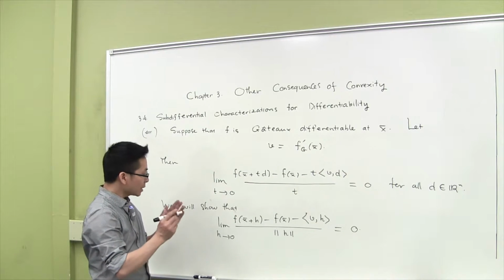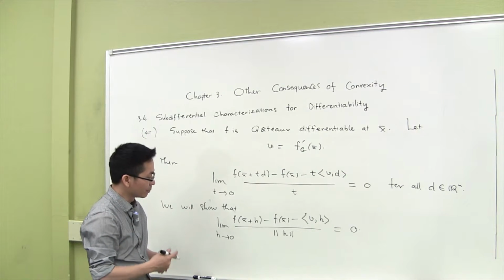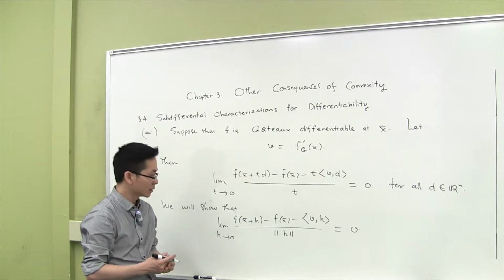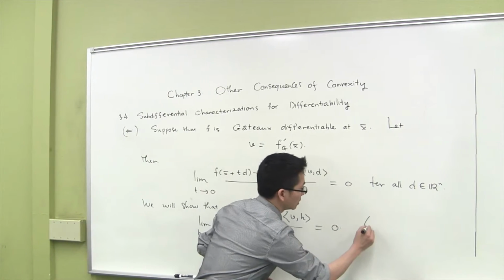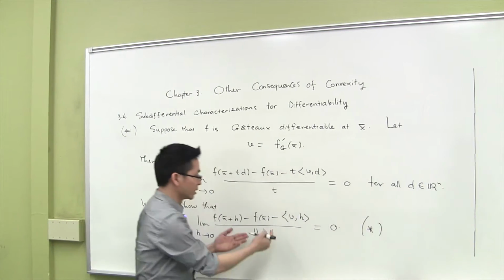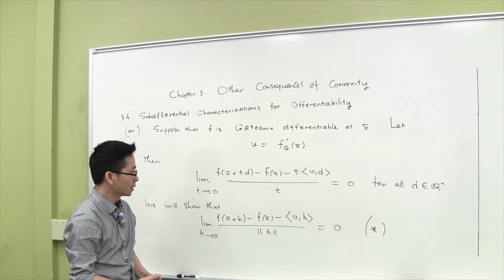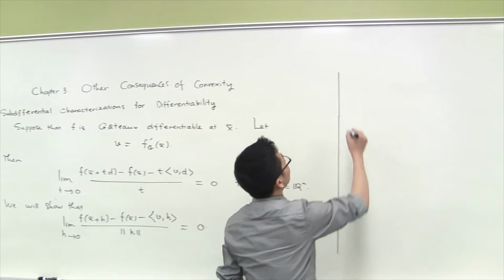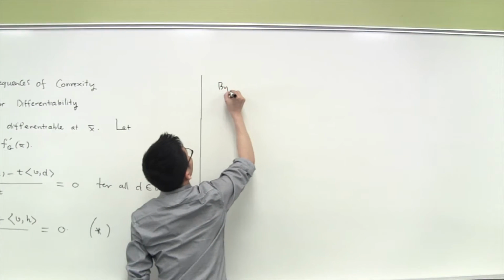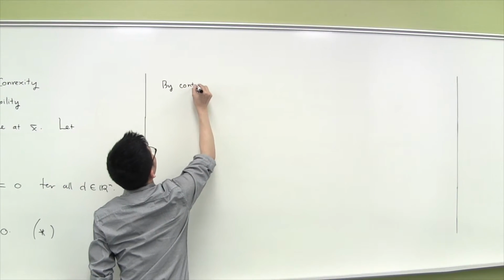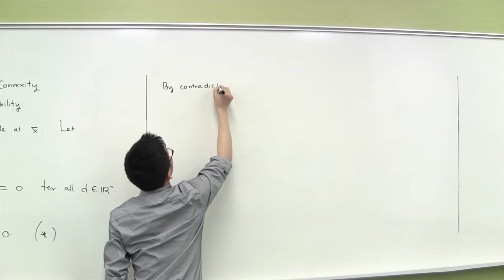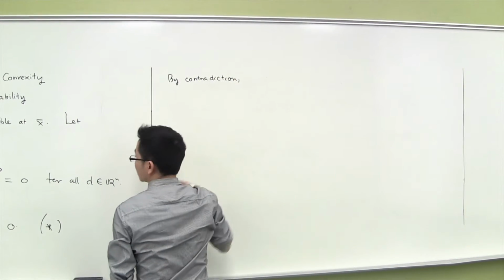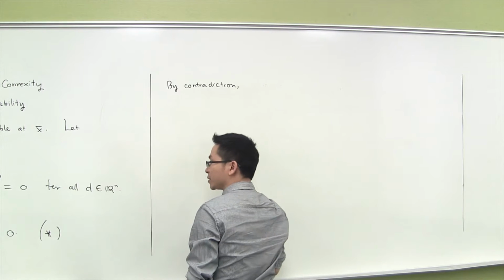Now, let us prove this by a contradiction argument. We use star to denote this limit equality. By contradiction, suppose that star is not satisfied.